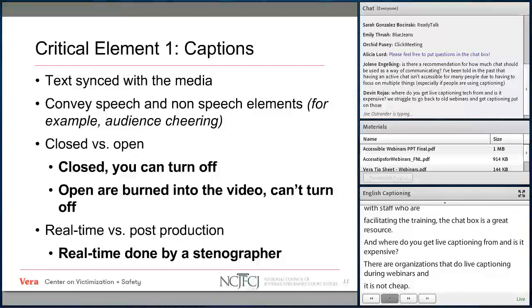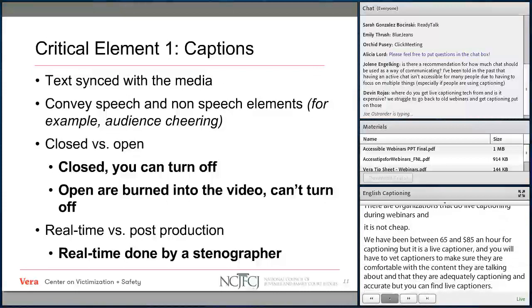But you can find live captioners. There are also organizations and companies that do post-production captioning very accurately. That can be as inexpensive as $1 a word, or it depends on what your particular needs are.